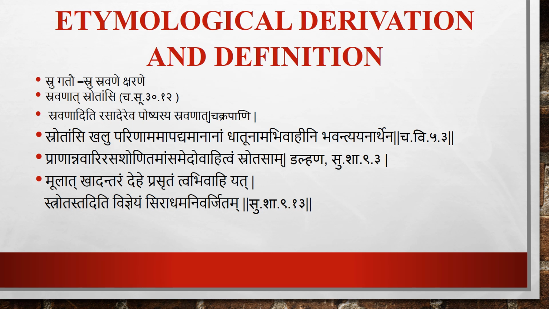As per the Sushrut Sharirsthan, the definition of Srotas is that which originates from a specific root, mula, extends throughout the body and carries materials to and from different parts. Excluding Sira, veins, and Dhamani, arteries, it is to be known as Srotas. Now, what is the conclusion of all the Acharyas' views about the definition of the term Srotas?